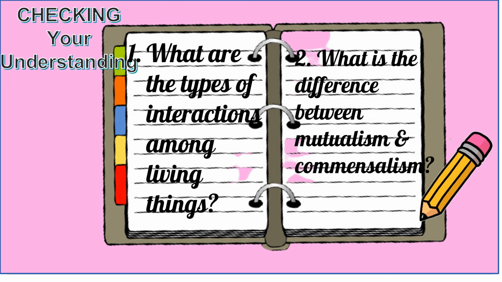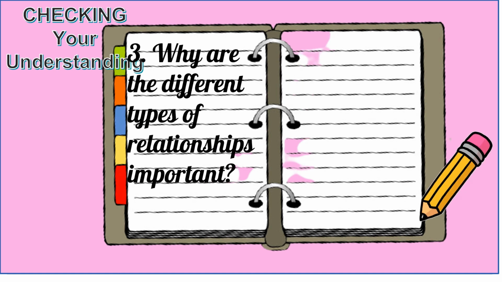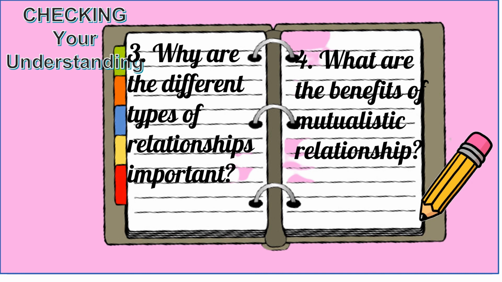Number 2, what is the difference between mutualism and commensalism? Number 3, why are the different types of relationships important? And for the last question, what are the benefits of mutualistic relationship?